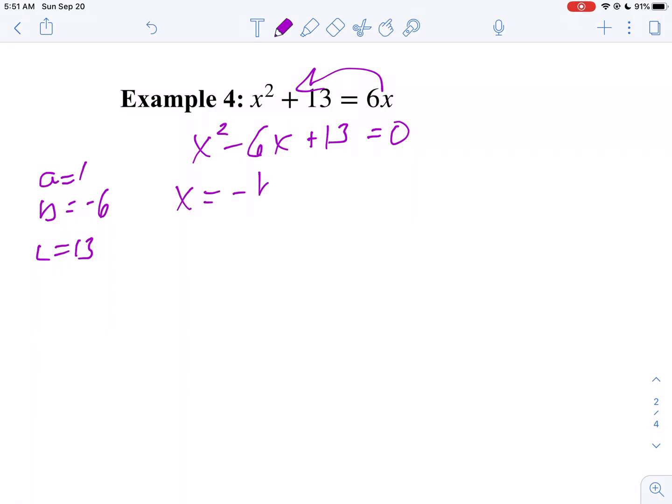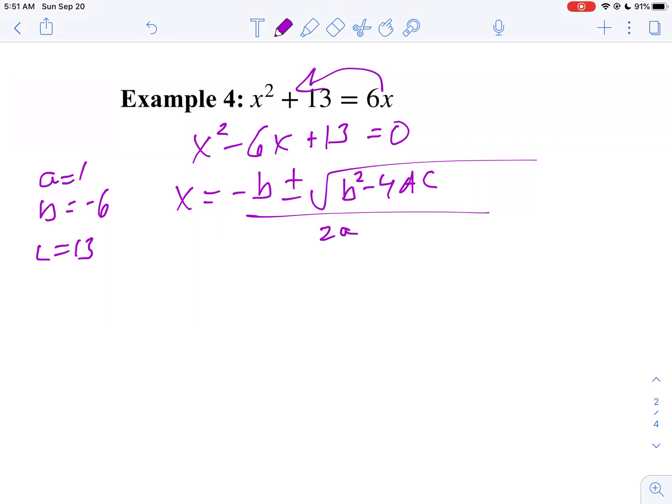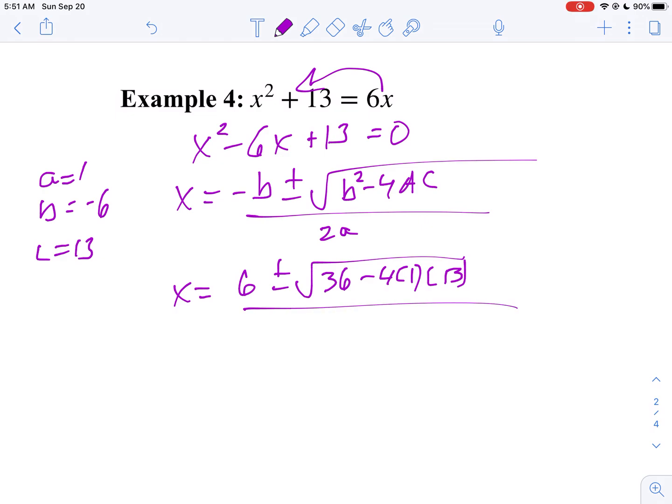X equals negative b plus or minus the square root of b squared minus 4ac all over 2a. You starting to memorize it yet? So the opposite of negative 6 is positive 6, plus or minus negative 6 squared is 36, minus 4 times 1 times 13, all over 2 times 1.